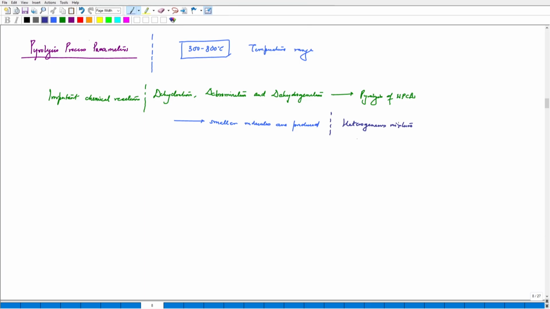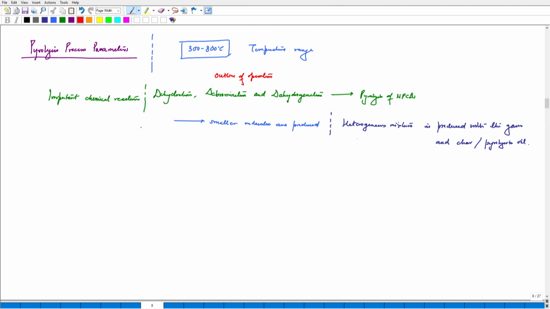So the heterogeneous mixture, which basically contains the metal, is produced with the gases, pyrolysis oil and char. What are the parameters? So this is the general outline, basically the outline of operation.